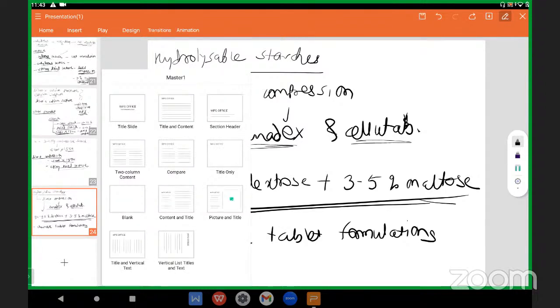Yes. Good. So the next example in the diluent category is sucrose. Where does it come from? What is the major source of sucrose? Anyone? Sugarcane.